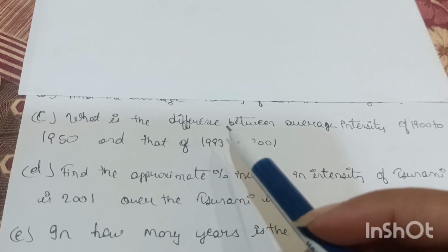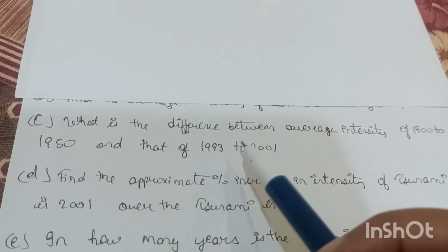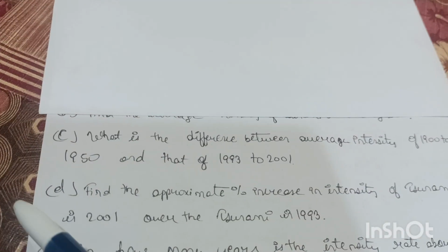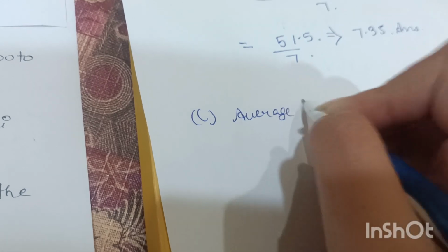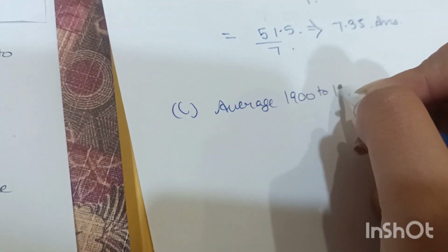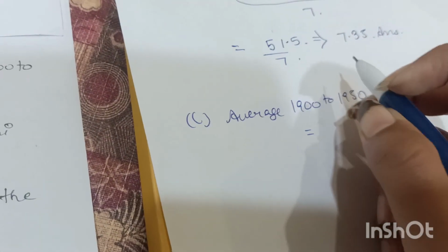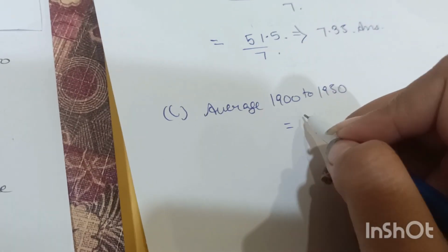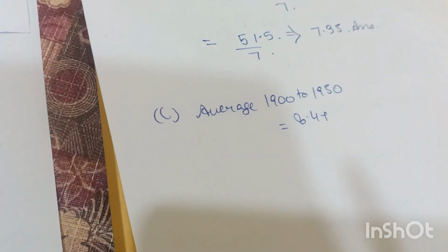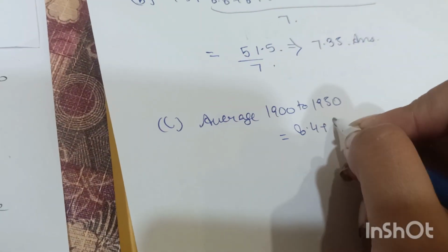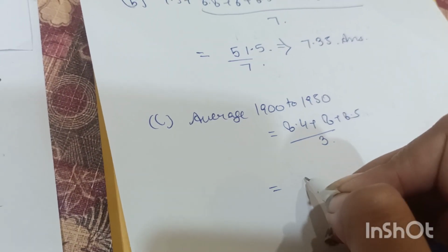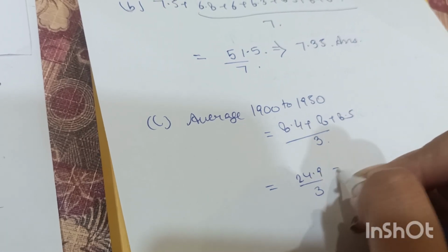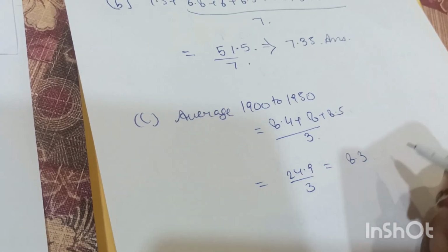So now for this we have to find the difference between the average for 1900 to 1950 and 1993 to 2001. So let's find the average from 1900 to 1950. So this will be 8.4 plus 8 plus 8.5 upon 3. So the value will be 24.9 upon 3. So it will come 8.3.